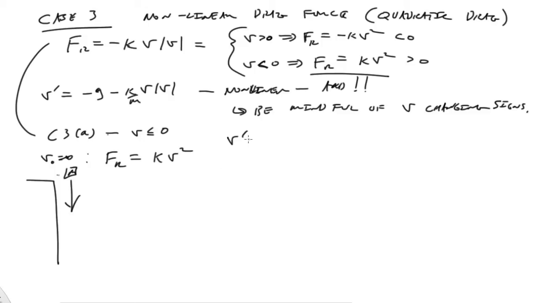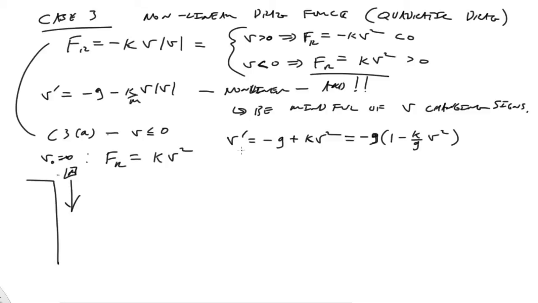It's going to be v prime is equal to negative g plus k v squared. All right, I'm going to do a little trickery here. I think it's good to set this thing up in a little bit cleaner way. I'm going to factor out a negative g, and then what I'm going to get is a 1 minus k over g v squared. All right, that looks pretty good.